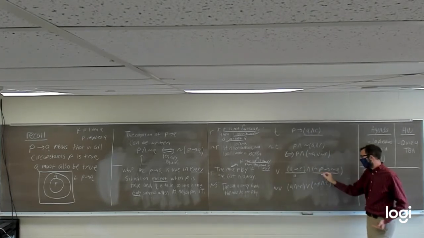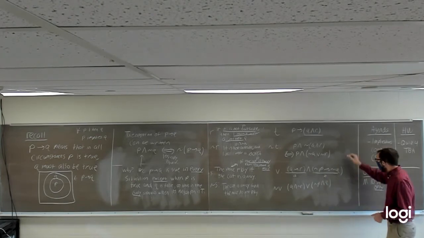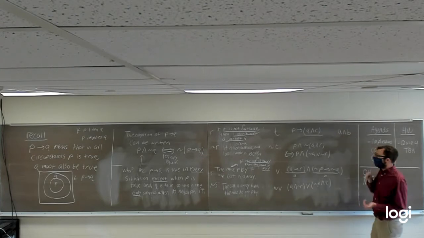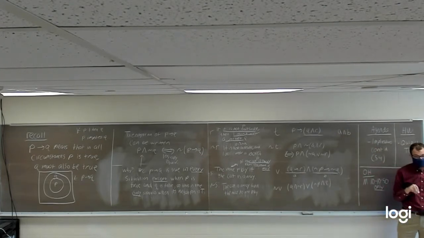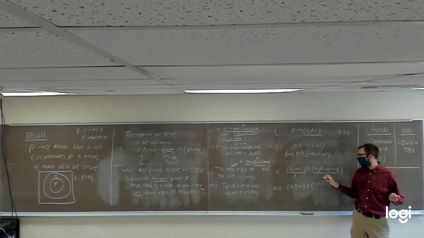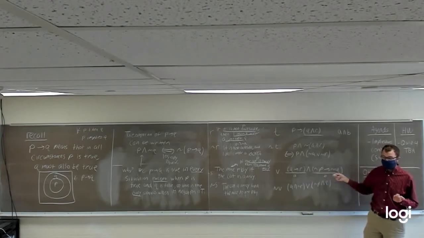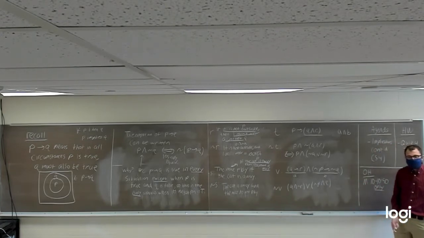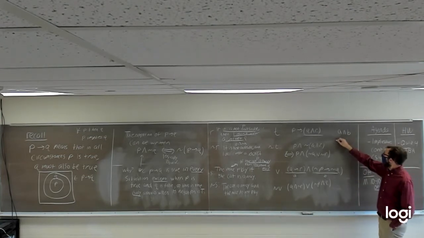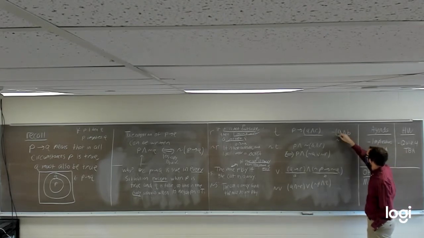Let's call this one A and this one B. Then the statement we're actually trying to negate is just of the form A and B, because we have implication A and implication B. How do we negate a statement of the form A and B? Negation of A or negation of B. Yeah, the negation of this is going to become negation of A or negation of B.